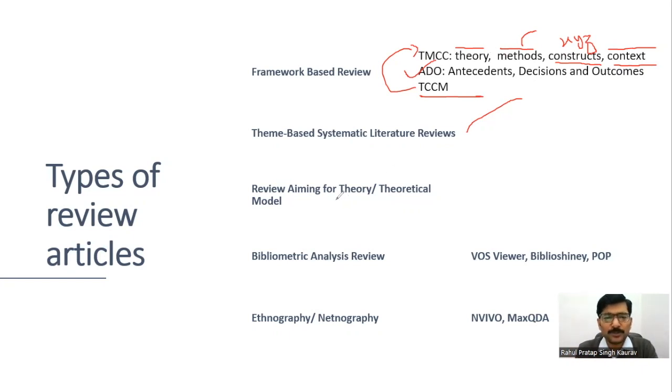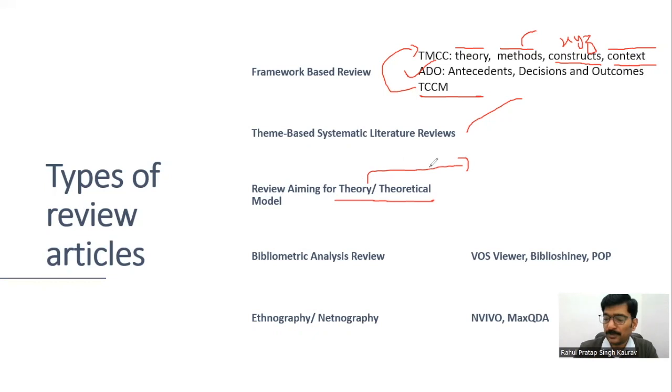And then a review aiming at a theory or theoretical model. The ultimate objective of the review is a theory. So you can perform these types of review papers. For example, I have very recently seen a paper on a review of behavioral reasoning theory, a specific type of theoretical model.